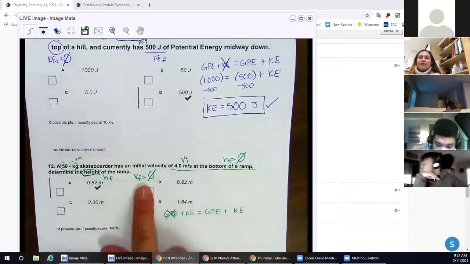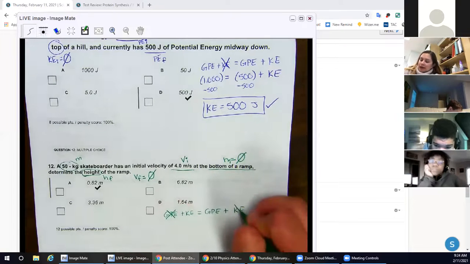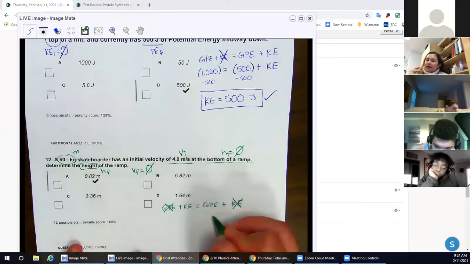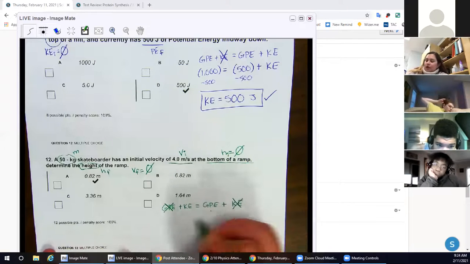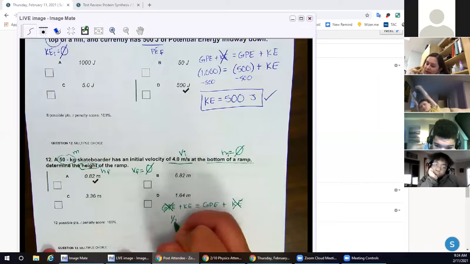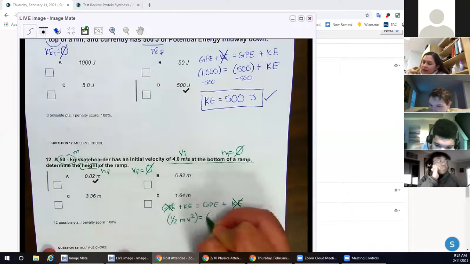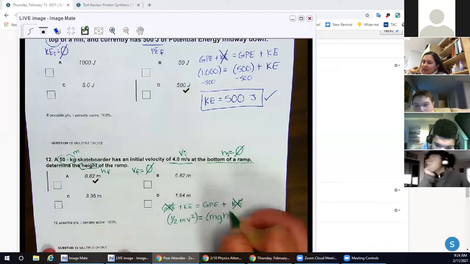And we said we had final velocity of 0. So we're going to cross out that final kinetic energy. So really all we're left with is KE equals GPE. Our formula for KE is 1/2 mv squared. That equals mass times gravity times height.